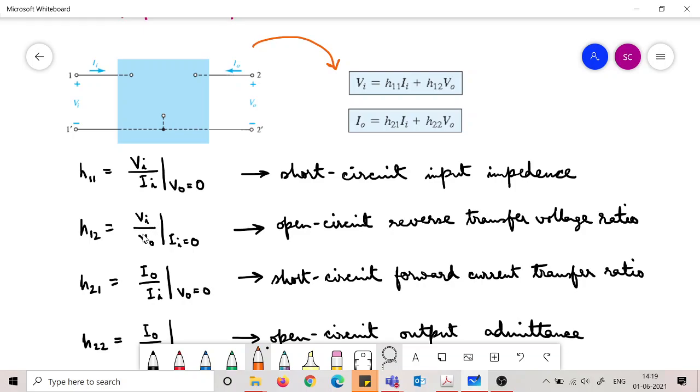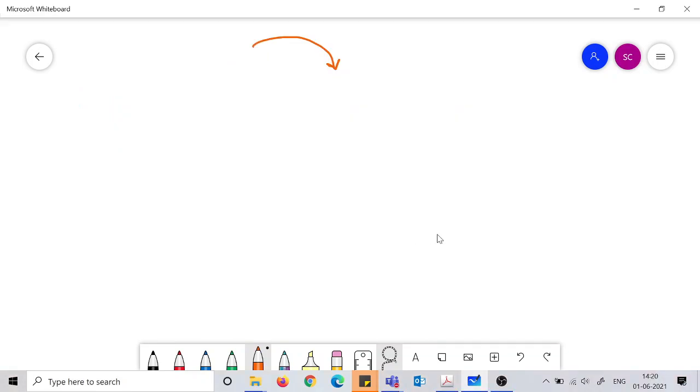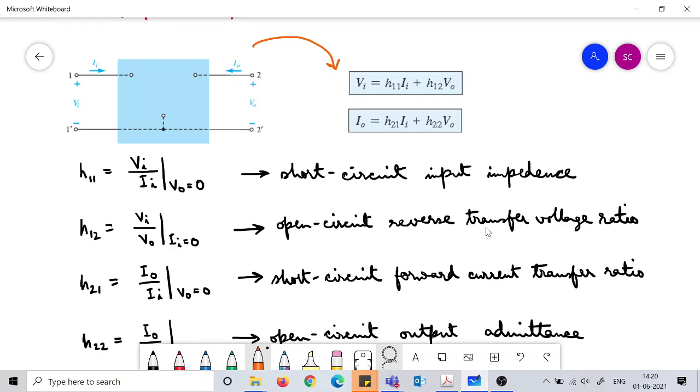Please note this, this is not V0 by Vi, which we were used to figuring out the gain of the transistor, but this is Vi by V0 in the condition that there is no source connected. So this is open circuit reverse transfer voltage ratio. When we say transfer voltage ratio, we mean input to output, but when we say reverse transfer voltage, we mean output to input. That means this is Vi by V0.